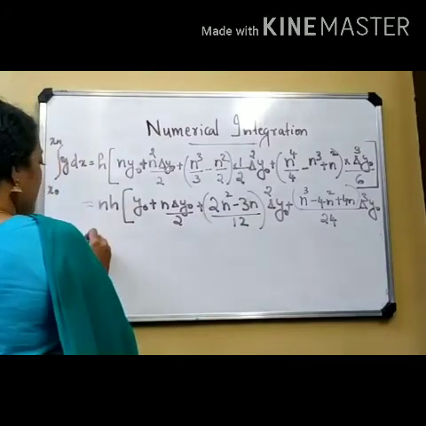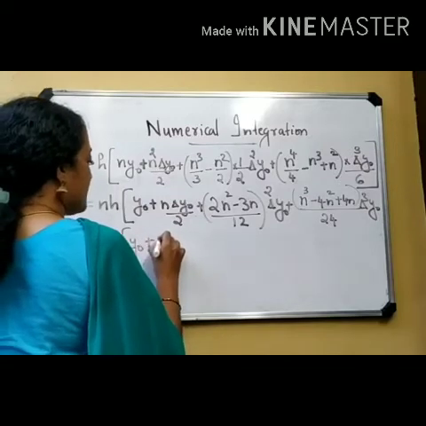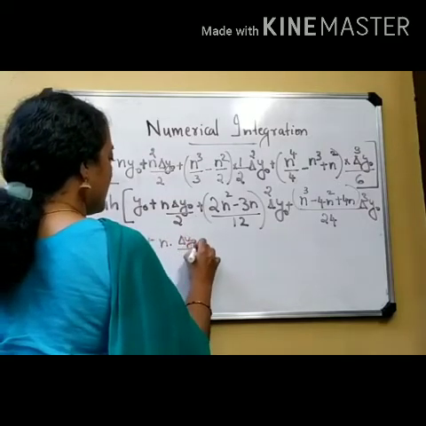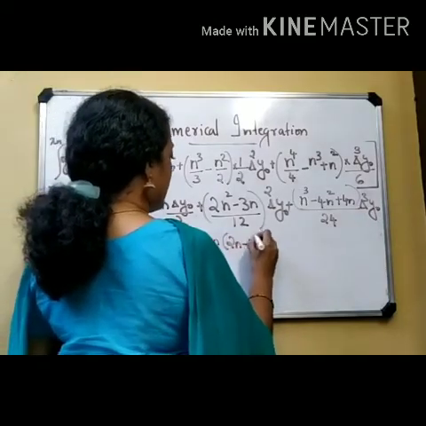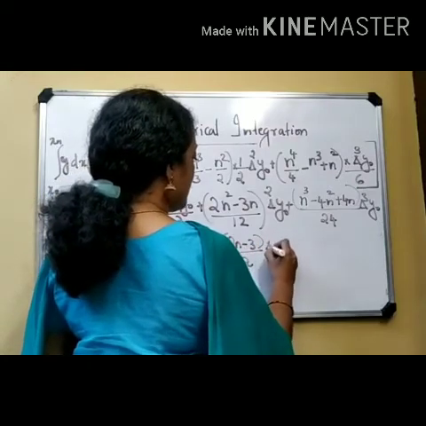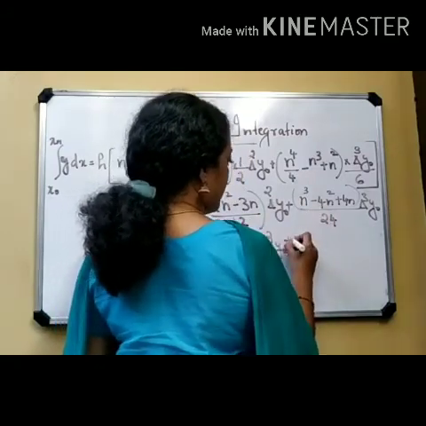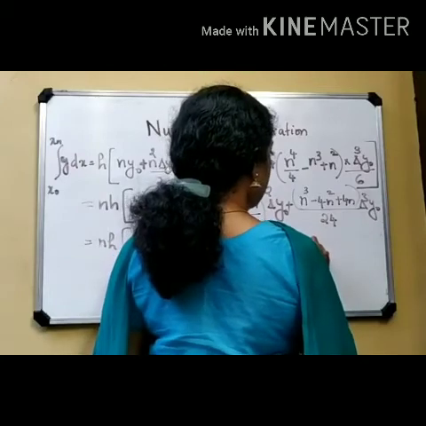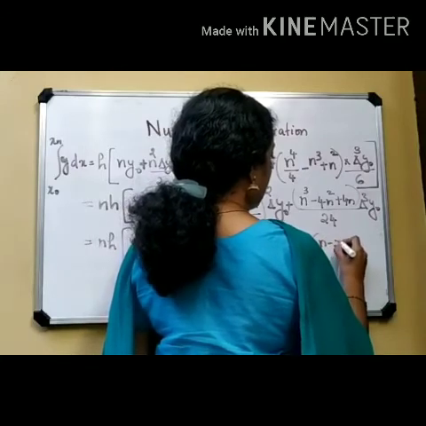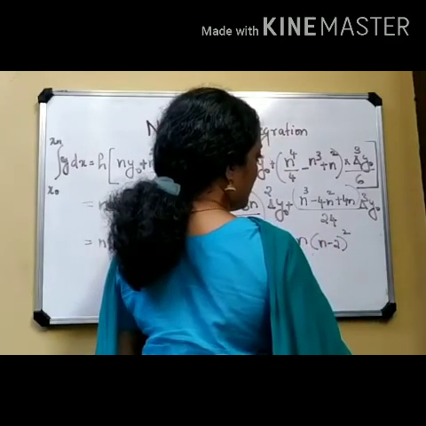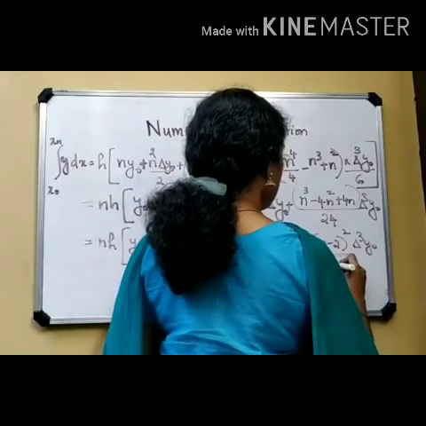Now we may rearrange this as n times h into y0 plus n into del y0 by 2 plus n into 2n minus 3 divided by 12 into del square y0 plus n into n minus 2 the whole square into del cube y0 by 24.